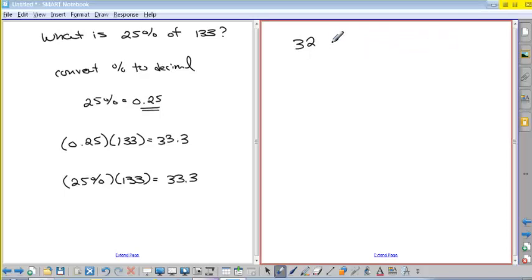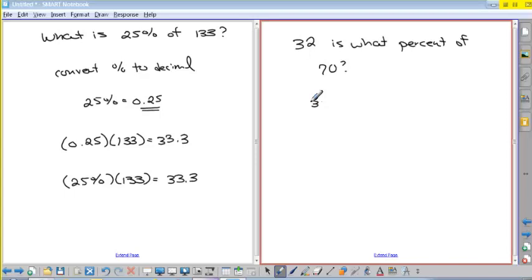Well, actually we can do that. 32 is what percent of 70? Well, here we are looking at a ratio, 32 compared to 70.